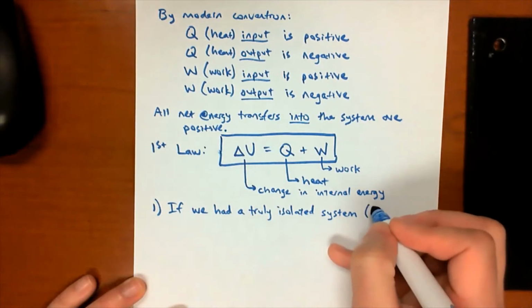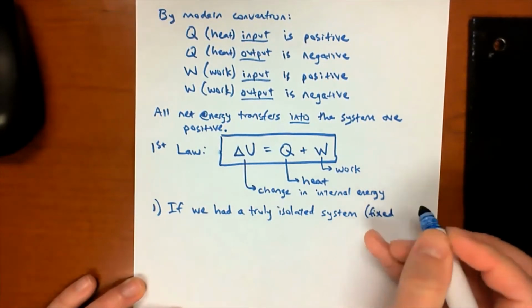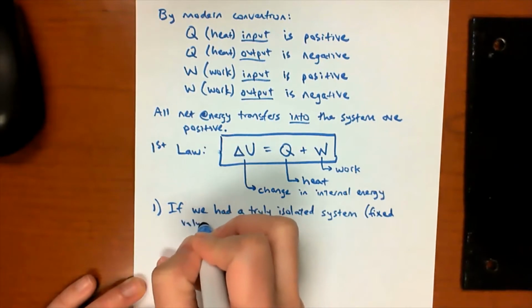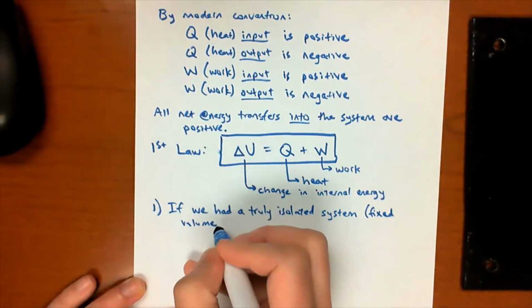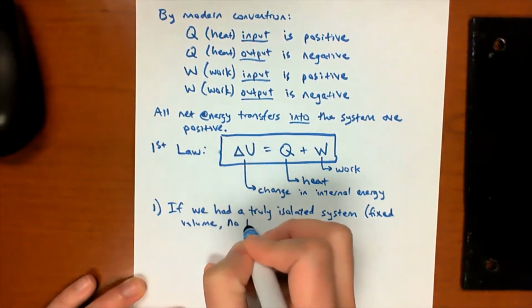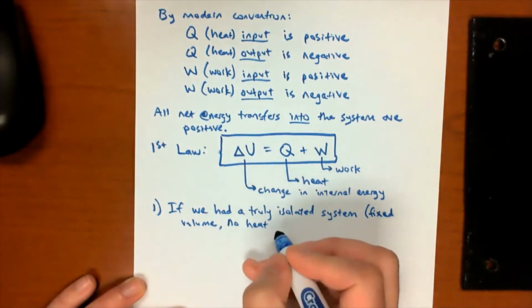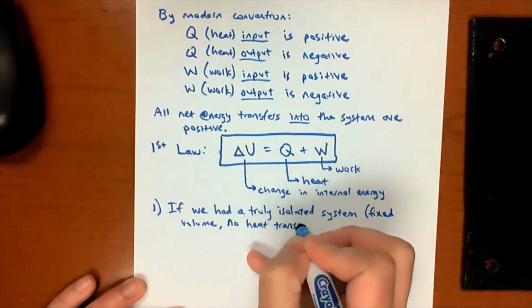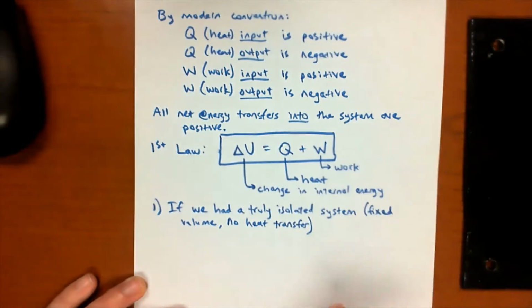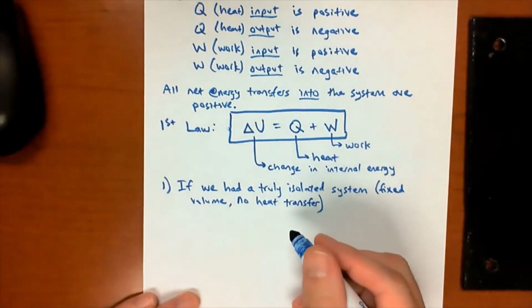So we'd have to have a fixed volume, and we'd have to have no heat transfer at all into or out of the system, which is really, really hard to do. In fact, pretty much impossible.